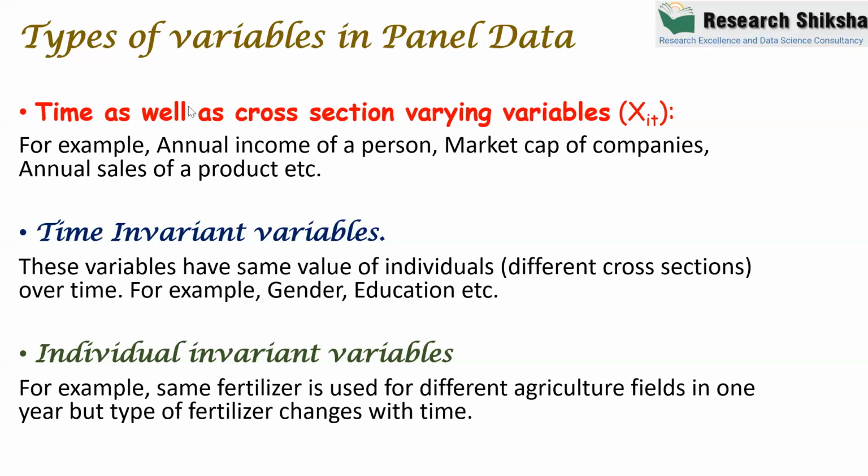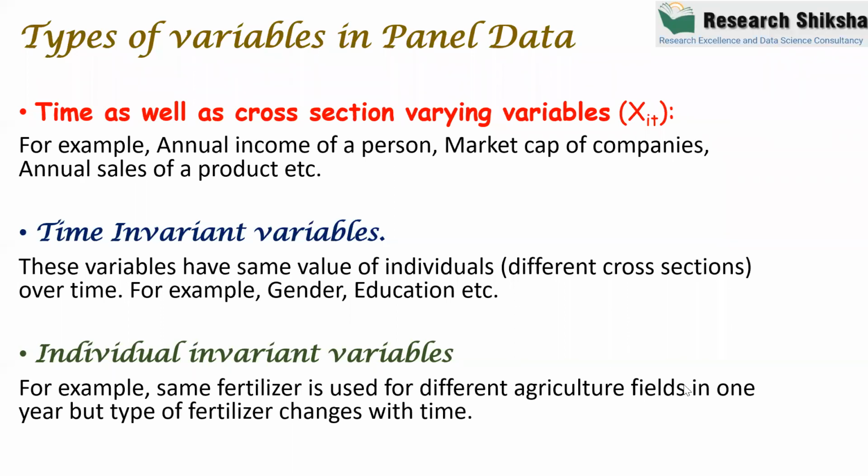Number one, the variable which is different for different time and the cross section. For example, if I ask you, can I say the market cap of all the 50 companies which are there in the Nifty is the same?